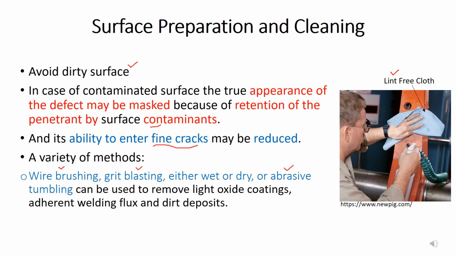In all the cases we are using small particles which are coarse in nature, and those coarse particles help clean the surface. These methods remove light oxide coatings if those are present over the material, and they also help in the removal of dirt deposits.